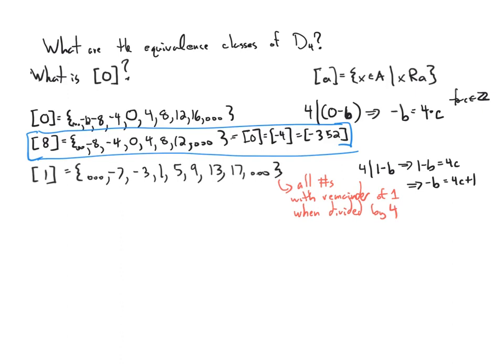And you can check. Put any of those guys in there with 1, and you will get that it's divisible by 4. In fact, put any of these two numbers in the relation definition. You'll find they're related because they're divisible by 4. So pause the video now, see if you can figure out the equivalence class for 2 and for 3, and that will cover all of our numbers.